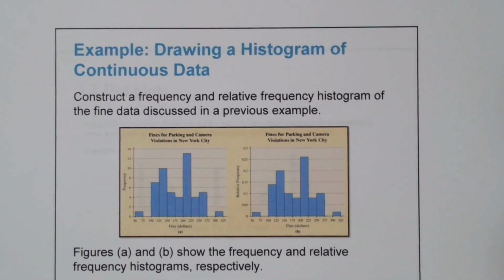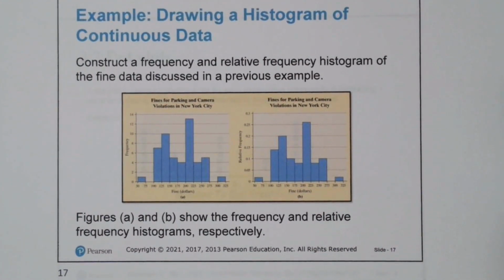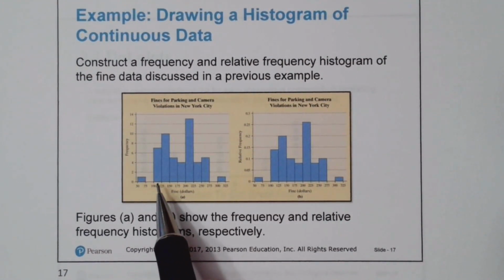Let's continue here. Now you can see the histogram for our data, and notice how the classes are represented. It's a little hard to see, but here you're going from 50 to 75, and there was one fine in that range. Then we didn't have any fines between $75 and $100.